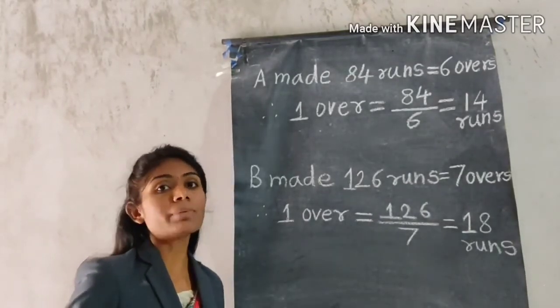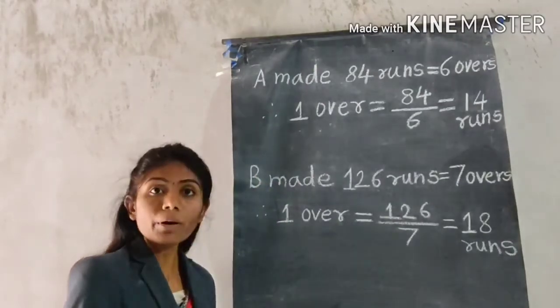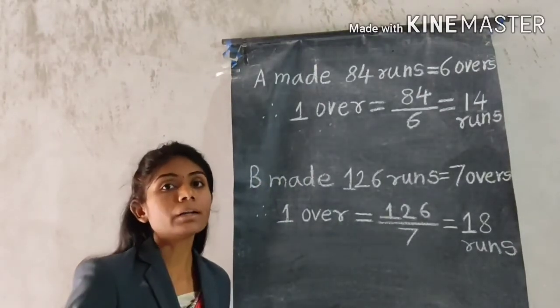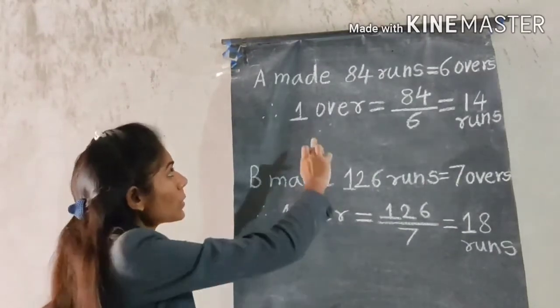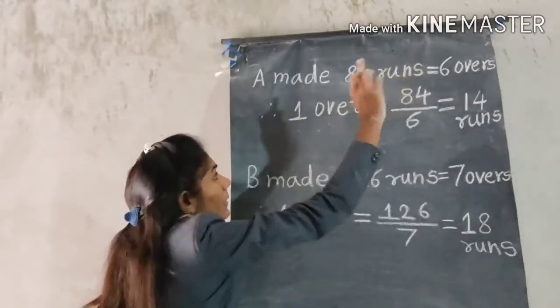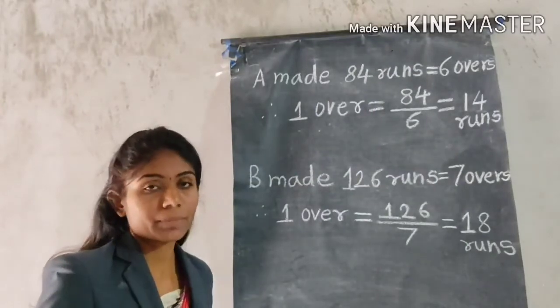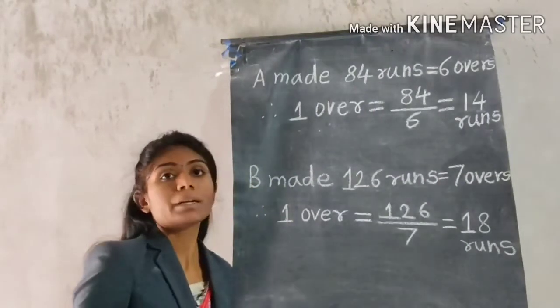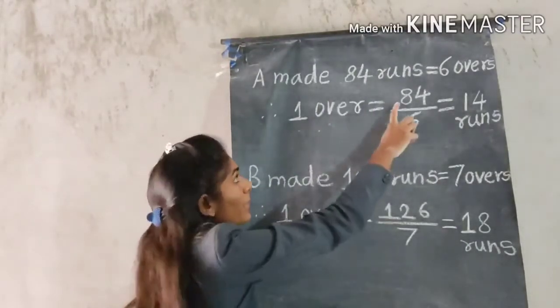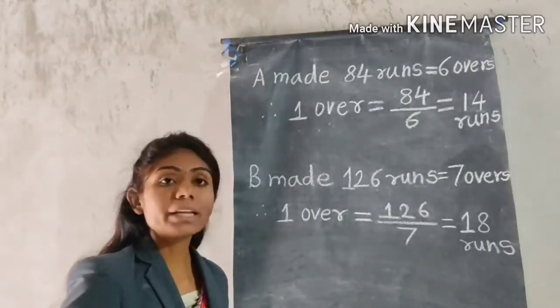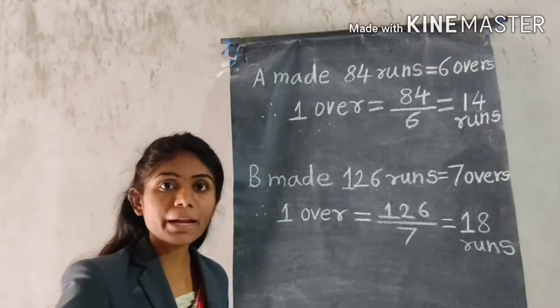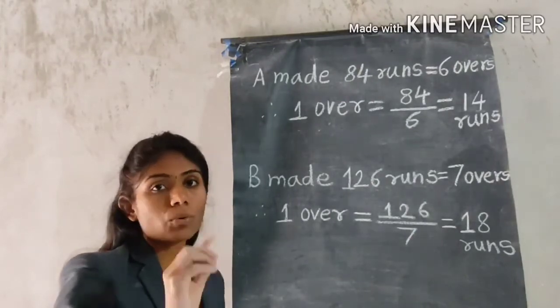First we will find the runs in 1 over for A and for B. Let's find for A. A made 84 runs in 6 overs, so in 1 over he will make 84 divided by 6, which is equal to 14 runs. So A made 14 runs in 1 over.